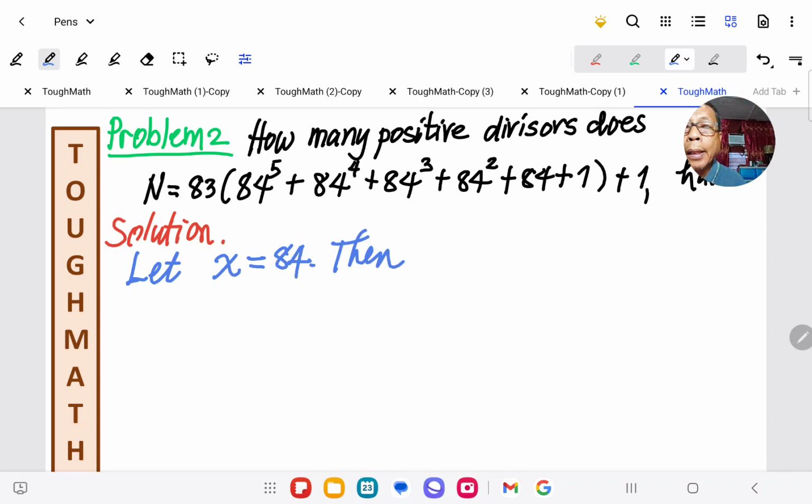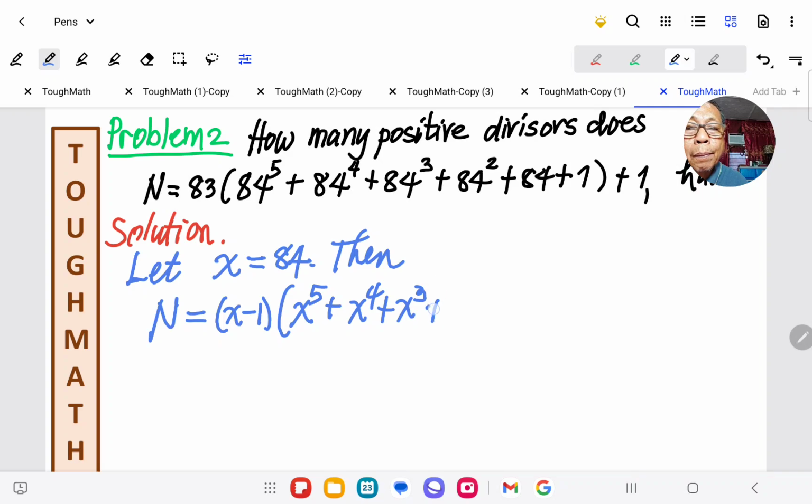Then n can be written as x minus 1 times the quantity x to the 5th plus x to the 4th plus x cubed plus x squared plus x plus 1, plus 1.